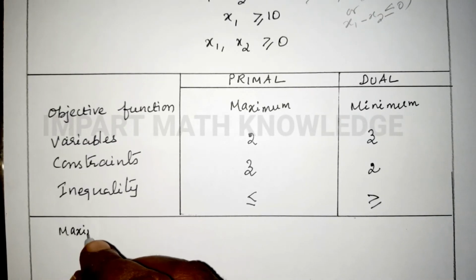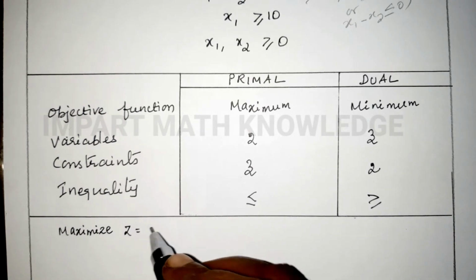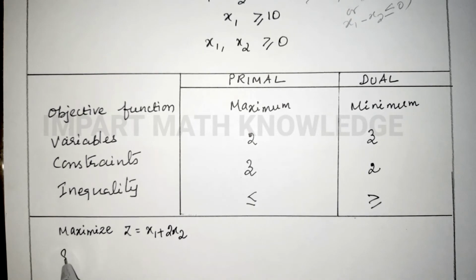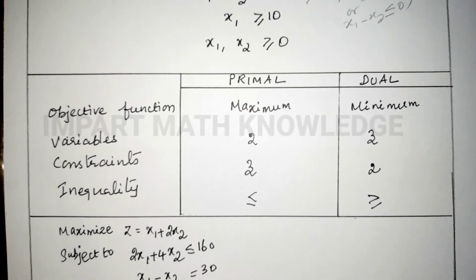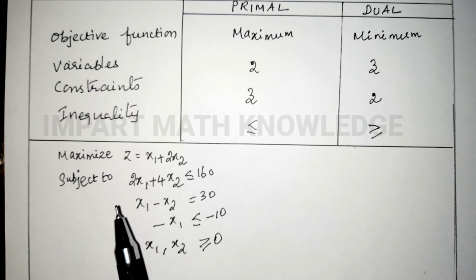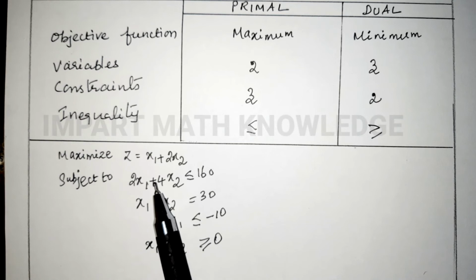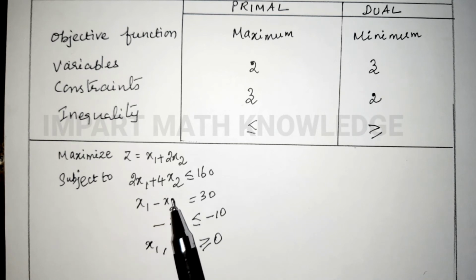The given primal problem can be rewritten as: maximize z equals x1 plus 2x2 subject to 2x1 plus 4x2 less than or equal to 160, x1 minus x2 equal to 30, minus x1 less than or equal to minus 10, x1, x2 greater than or equal to 0.